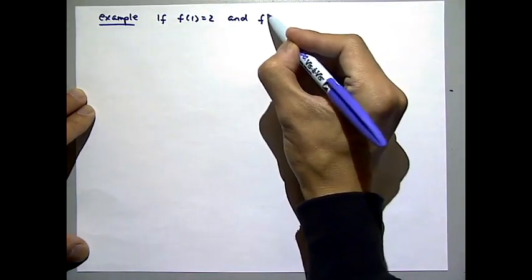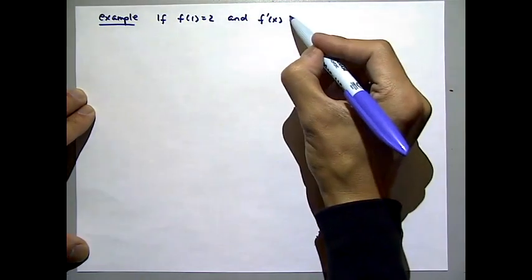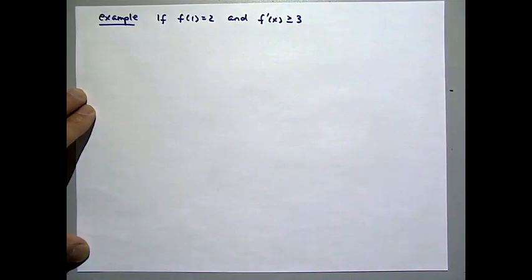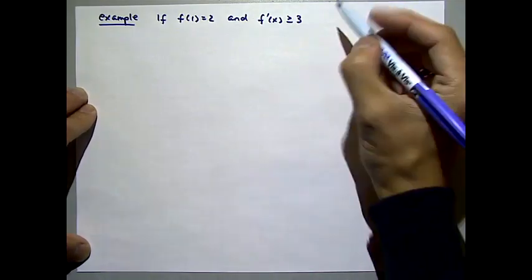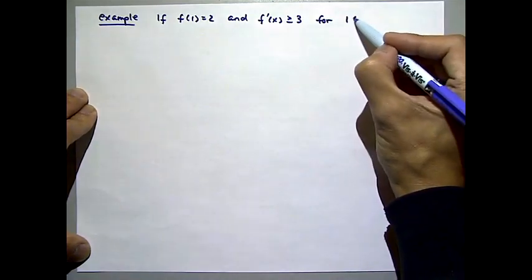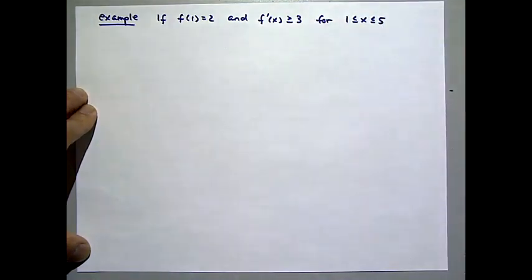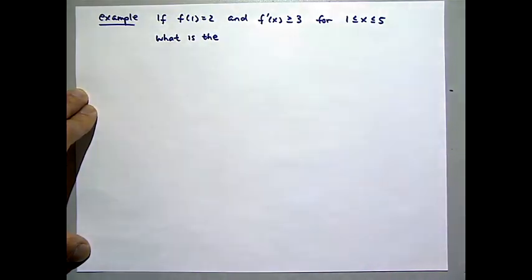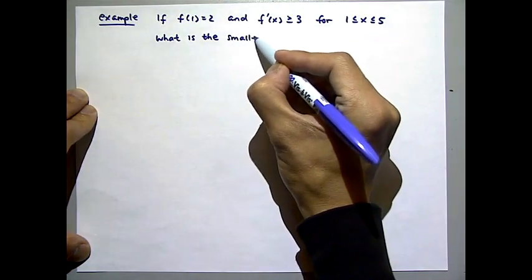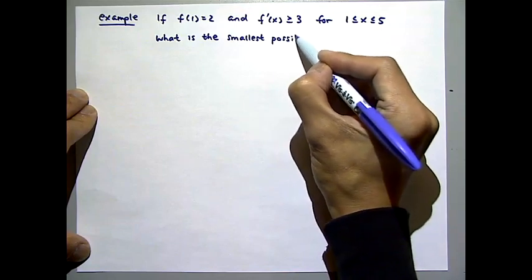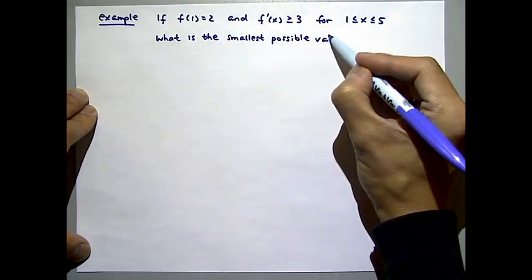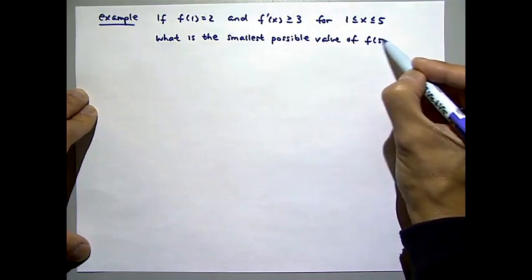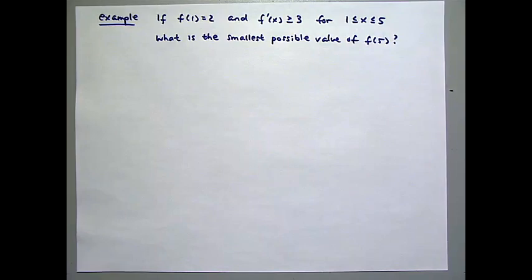If we know f of 1 is equal to 2, and we know the slope of the tangent line is at least 3, greater than or equal to 3, for x between 1 and 5, we want to find out the smallest possible value of f of 5.